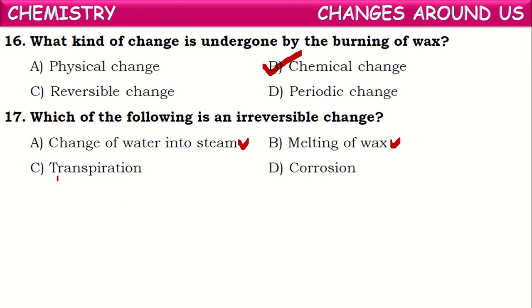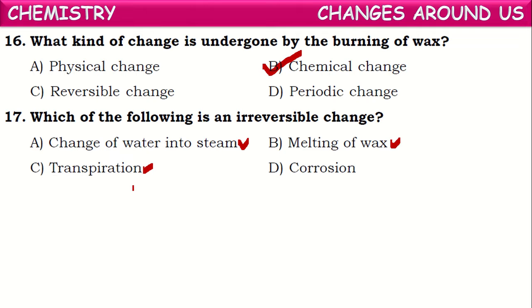Next, transpiration. This is a liquid conversion into gas actually. This occurs from the plants. But the gaseous water vapor can be collected back and cooled to get the liquid water. So it is also one of the reversible changes. But if you observe corrosion, nothing but rusting, iron particles react with atmospheric oxygen in the presence of moisture and convert into the respective oxide, like iron oxide.